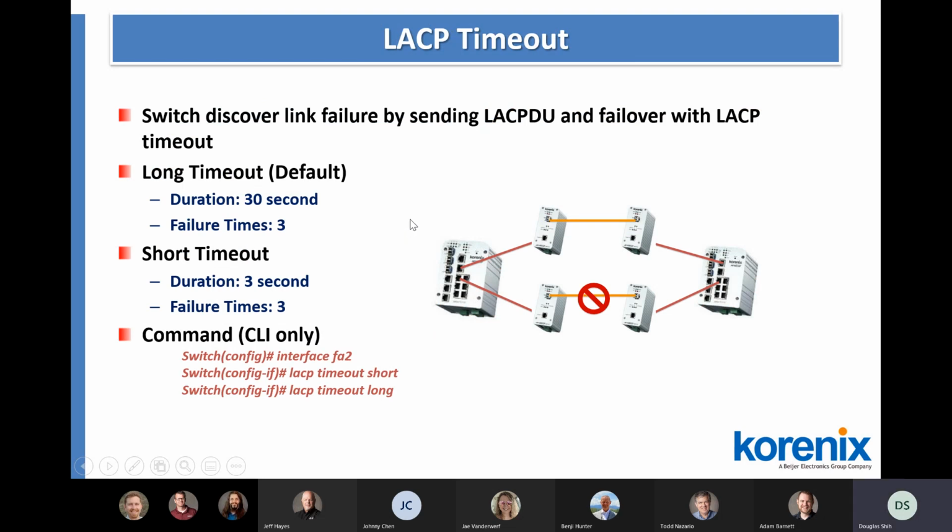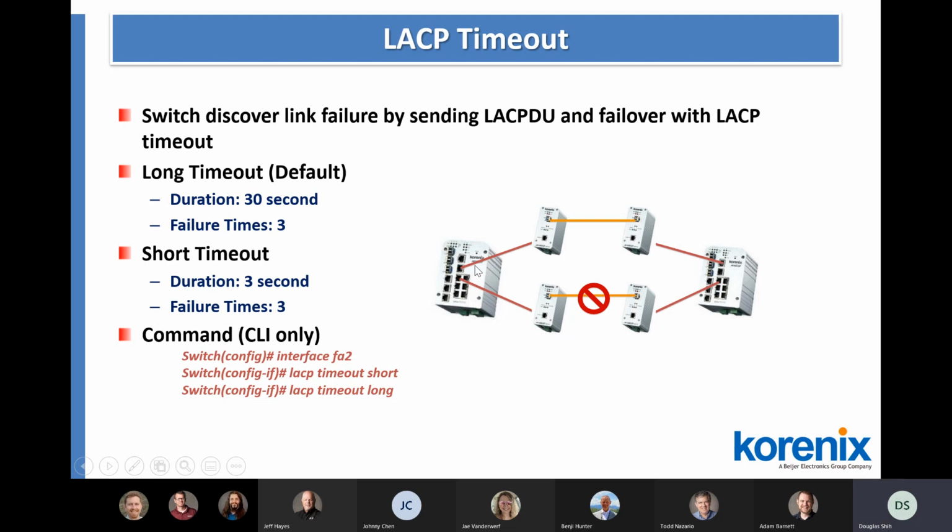And this part of the port trunk is for the LACP timeout. For LACP timeout, they can be used to discover link failure by setting the LACPDU and failing over with the LACP timeout. That means once the port is broken, they can use LACP to check that the port is broken and then block the traffic.